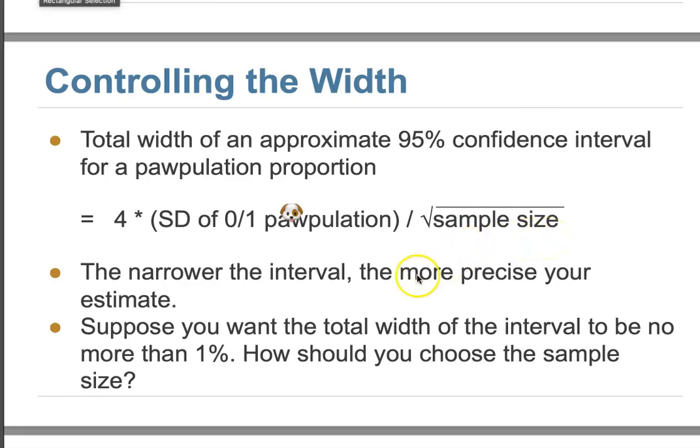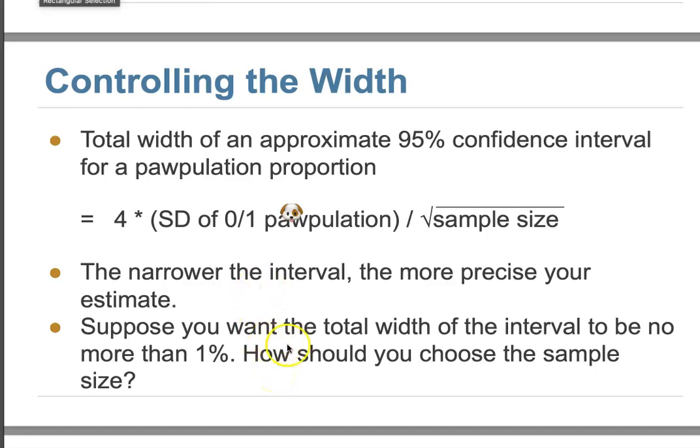The narrower the interval is, of course, the more precise our estimation will be. So now, if we want the total width of the interval to be no more than 1%.